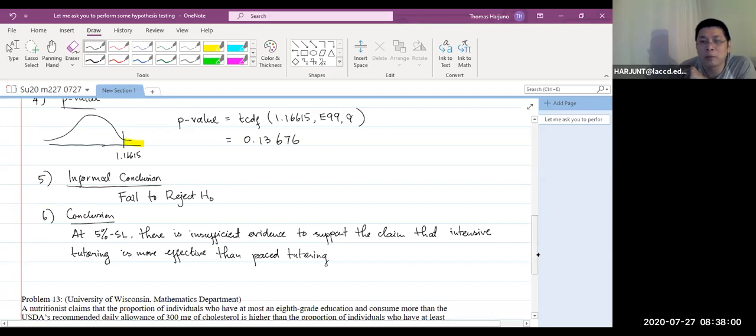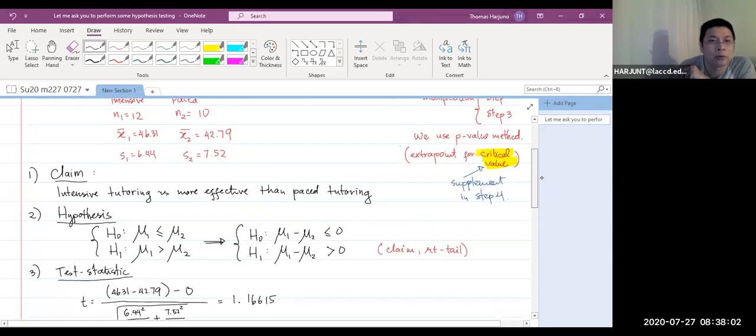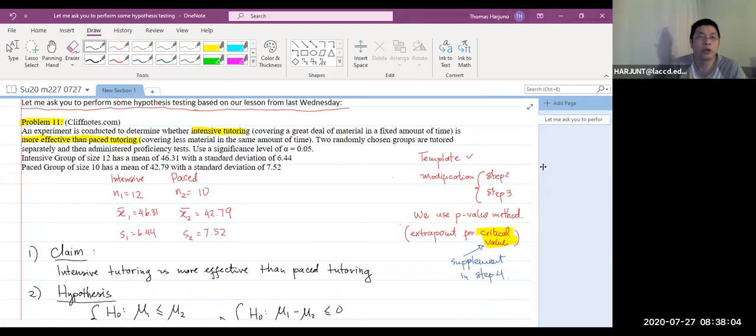So if we come up with this conclusion, will we do paced tutoring or intensive tutoring? If nothing else is considered, then I will do intensive tutoring because that's less time, right?